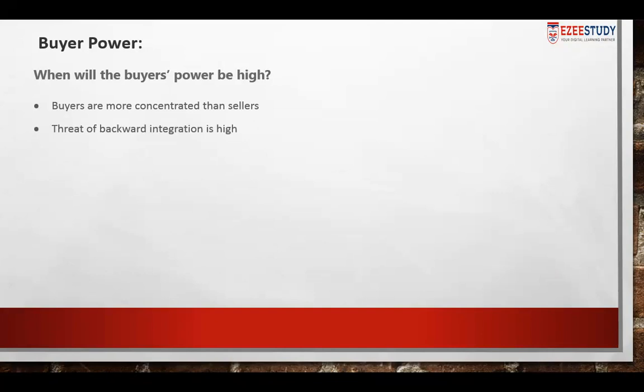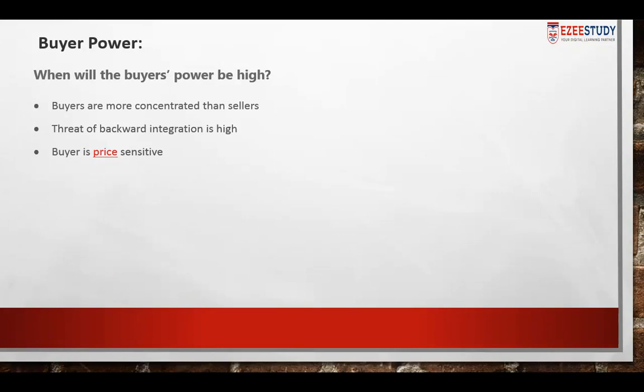It will again give more power to buyers, as they have the ability to buy their supplier, the whole organization. That's called backward integration. Buyers are price sensitive. Now, what does this mean?